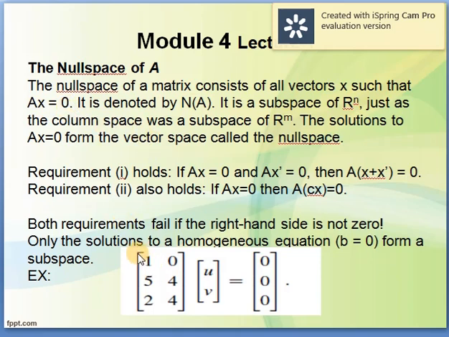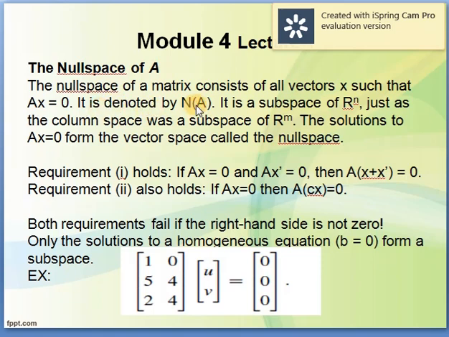If we consider a matrix A of size m by n, then in Ax equal to b, the x can be u, v or x1, x2. The possible values of these unknowns which result in the zero solutions of Ax are nothing but the null space of A.